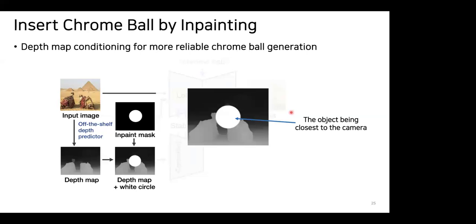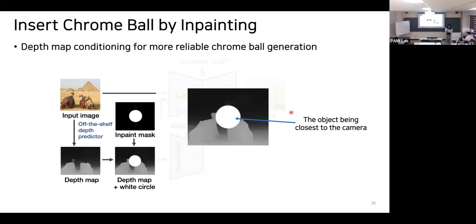I'm not sure how much this affects the result, but I wonder why they designed it with a white mask rather than their sphere depths. I'm not sure they tried it in their experiments, but it was not written in the paper about this theoretical depth.